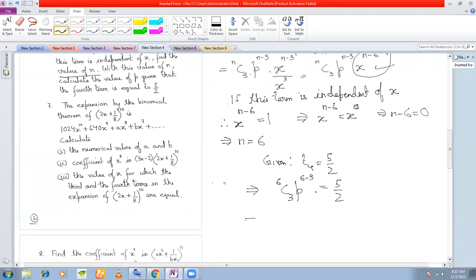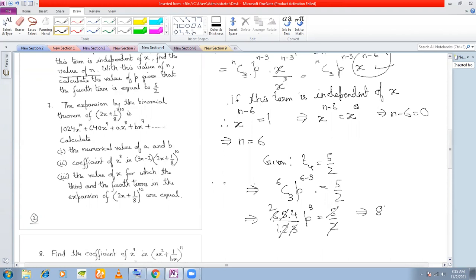So here we get 6 into 5 into 4 divided by 1 into 2 into 3, p to the power of 3 is equal to 5 by 2. Now from here you can cancel these 2's and these 5's, and this other 3 will cancel here.